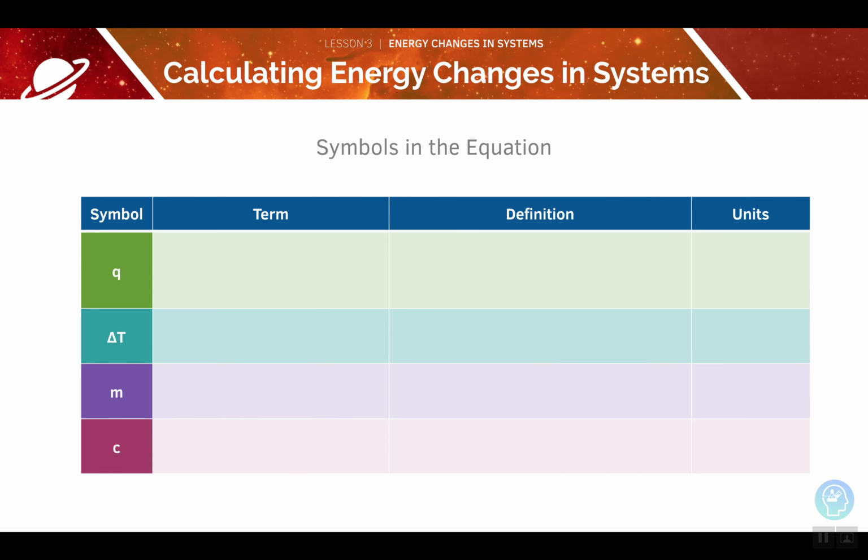We'll now fill out this table to help you become more familiar with the symbols in the equation we just learnt. Firstly, we'll start off with the symbol Q. This stands for the heat energy transferred.